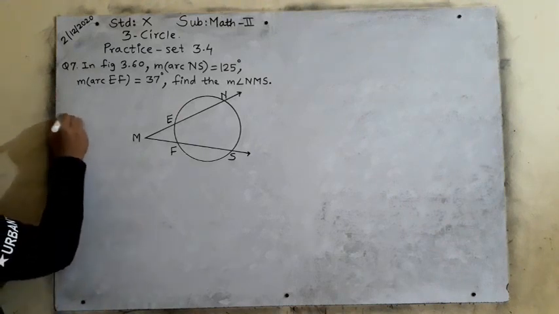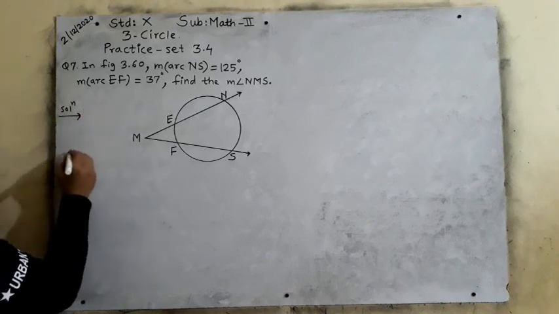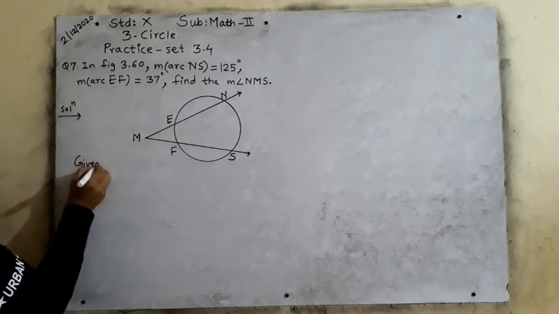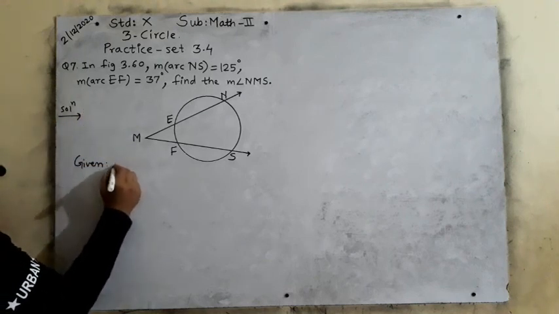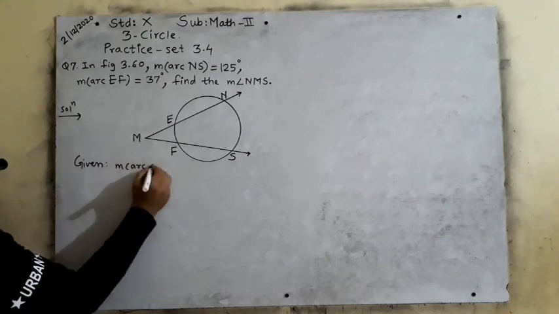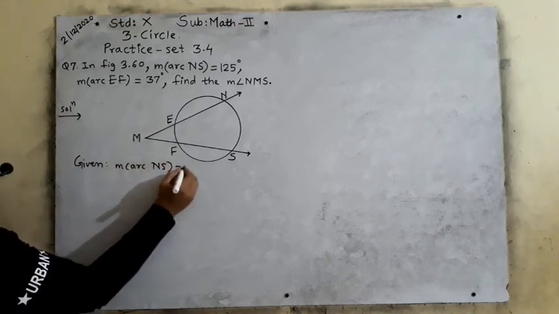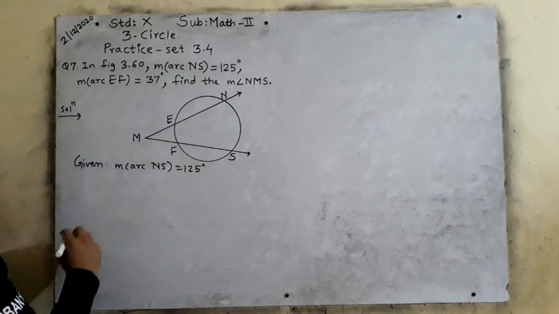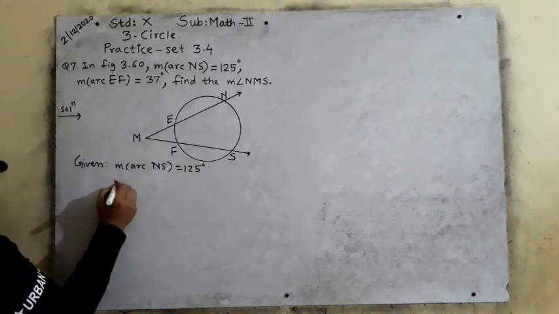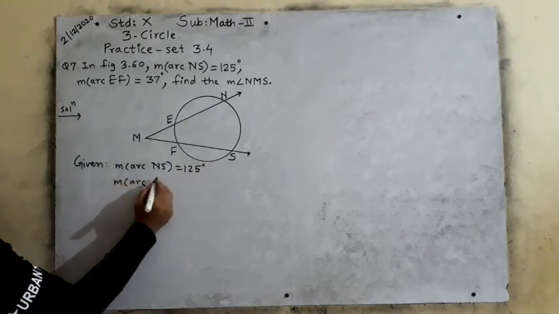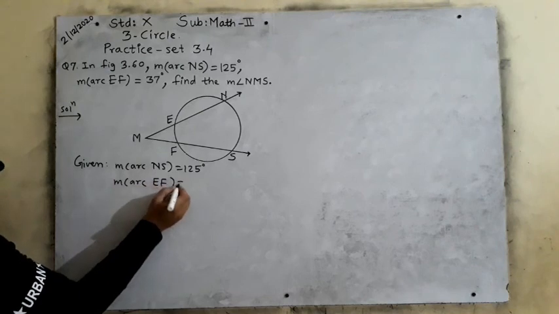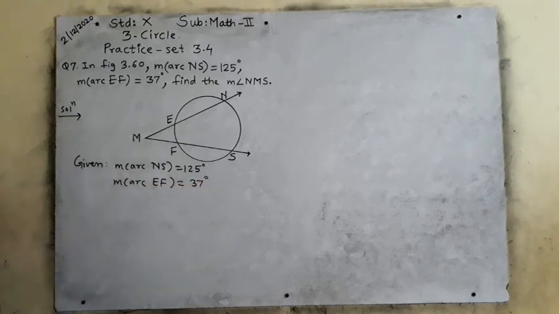So you will start the solution. What is given over here, you will write the given things first. Given: arc NS is equal to 125 degrees, arc EF is equal to 37 degrees.